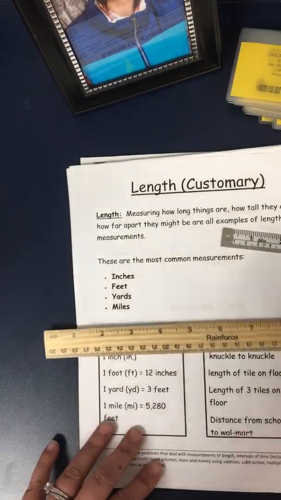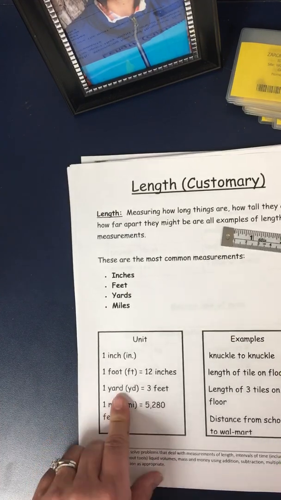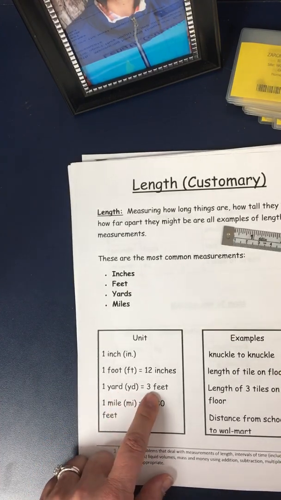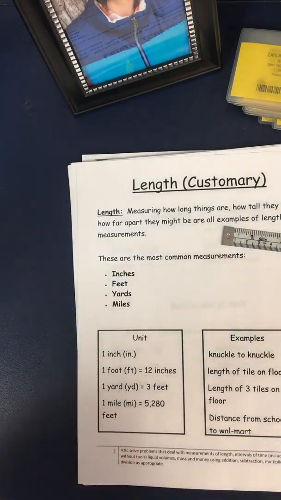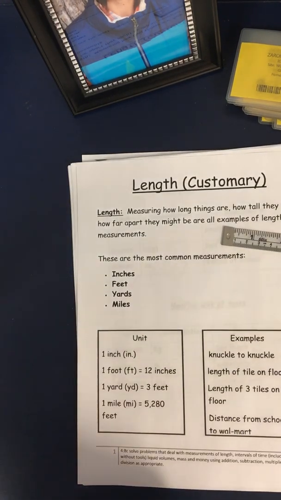So then our next unit is a yard, and 3 feet make a yard. Of course I could show you a yardstick, but that maybe would not give you an idea. So what students like to do, and what I tell you to do, is when we're talking about yards, and of course you're thinking football because they are measured in yards, we measure 3 of the feet.